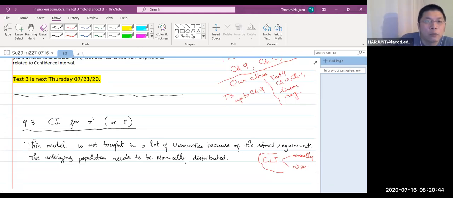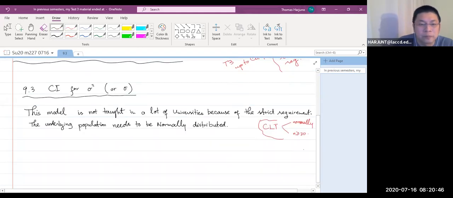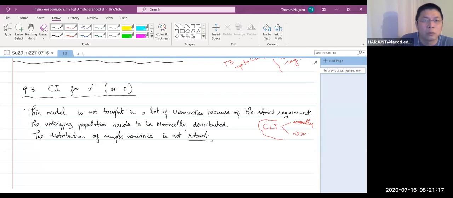Now, to make it even worse, the distribution of sample variance is not robust. What is that, Thomas?